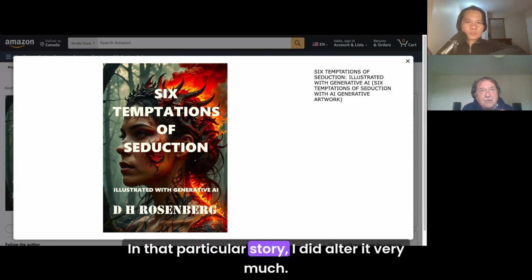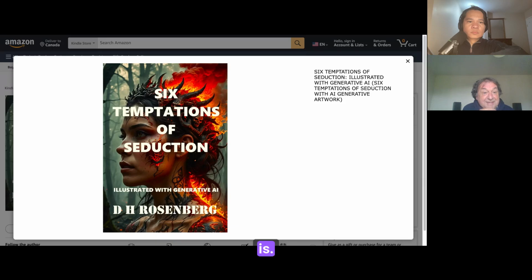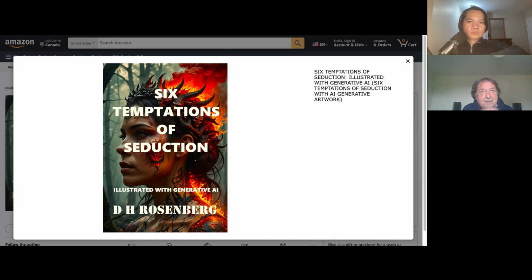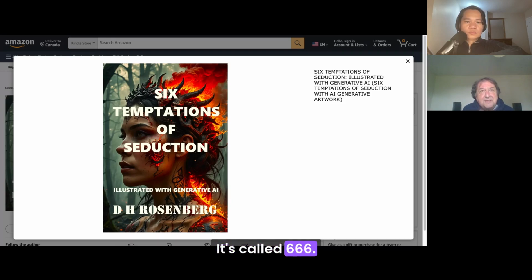In that particular story, I did alter it very much. So at the end, there is a bit of a shock as to who this mysterious woman in the portrait is. And it is quite a tragic and sad story. And that particular story, it's actually called, sorry, I did the wrong title. It's called 666, and it's nothing to do with the devil.